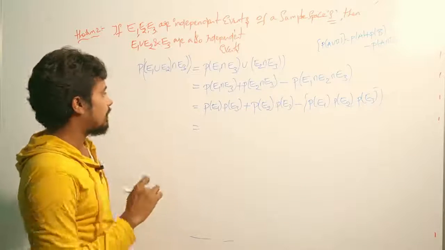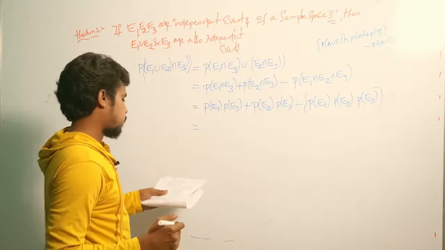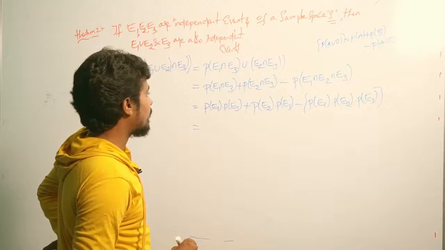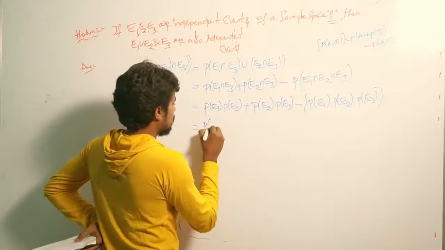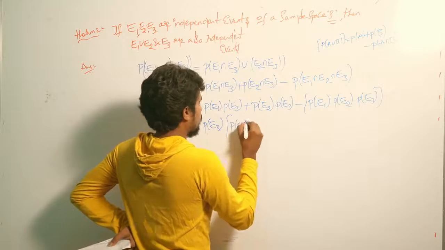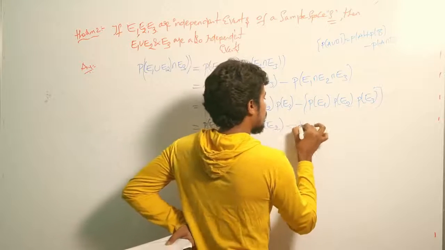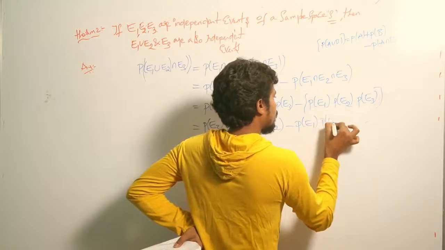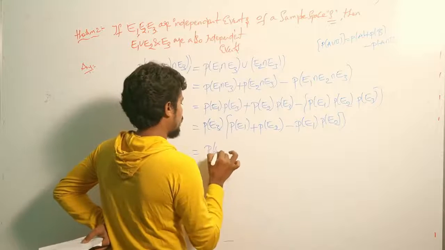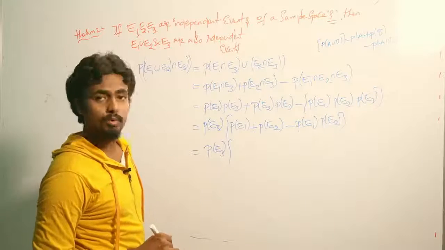And here, if you take P of E3 common, what will happen? This will be P of E1 plus P of E2 minus P of E1 into P of E2, and then P of E3. This will be P of E1 plus P of E2 minus P of E1 into E2.